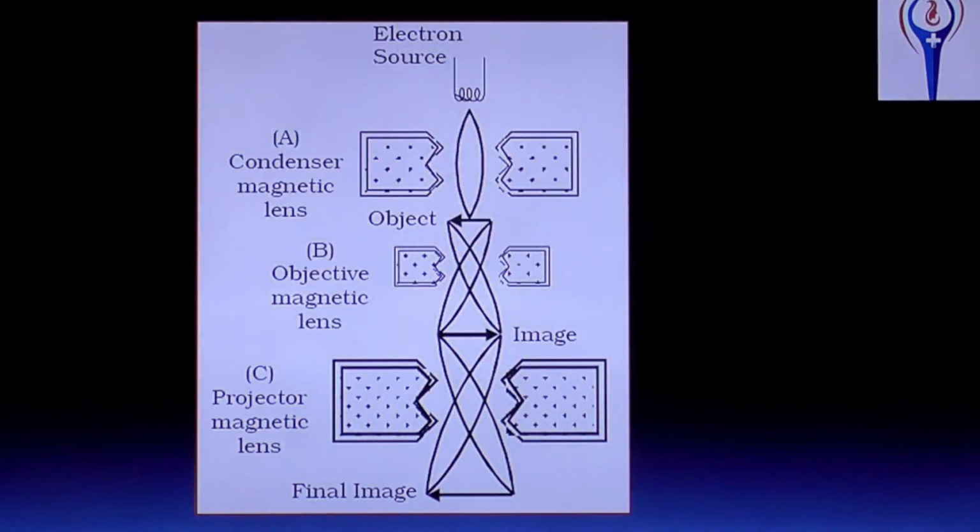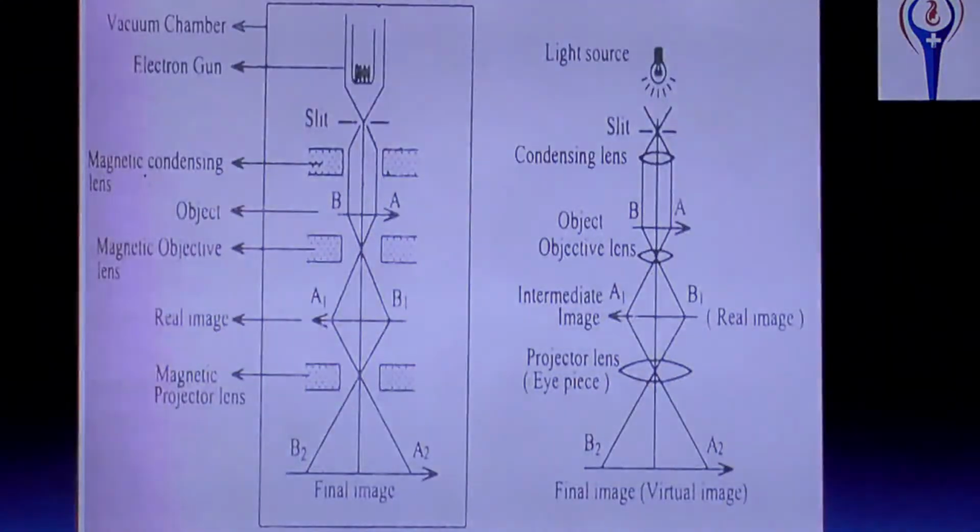That is only this setup. See, this is the normal optical microscope. Wait, I'll change the color. This is the optical microscope: light source, slit, condensing lens.